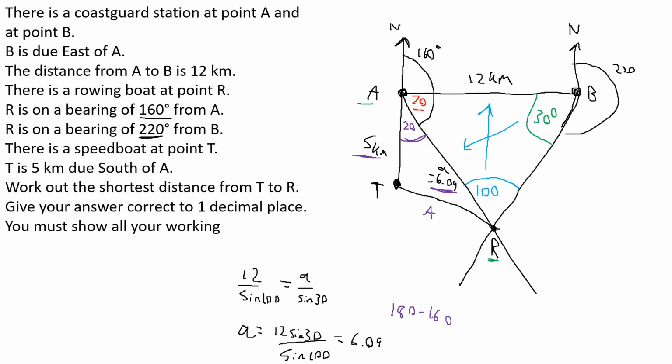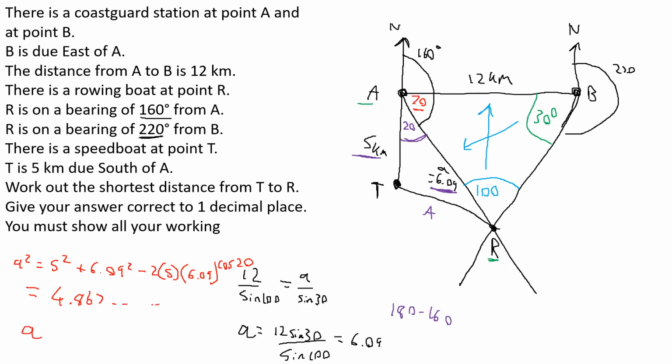And then let's do the cosine rule. So now, A squared is going to equal 5 squared plus 6.09 squared minus 2 times 5 times 6.09 cos 20. Plug that into your calculator. And you should get an answer of 4.867.